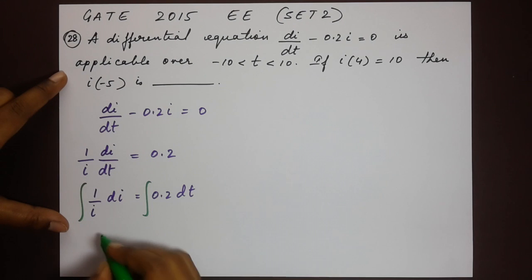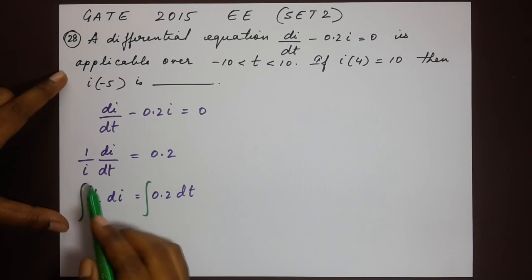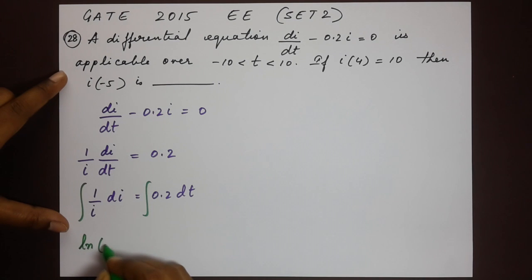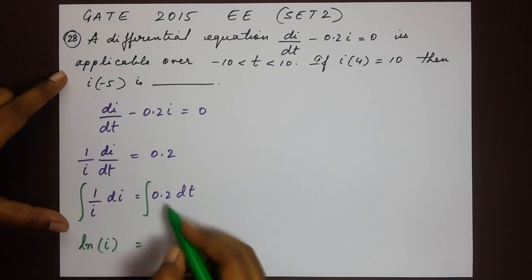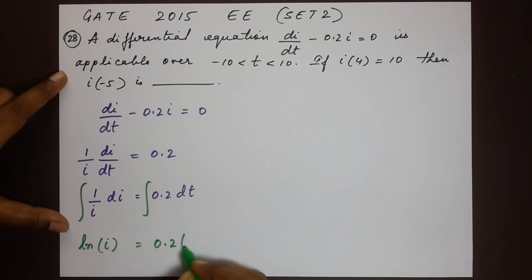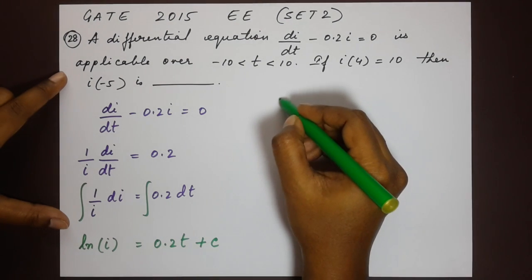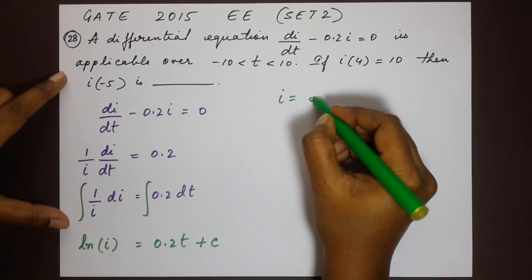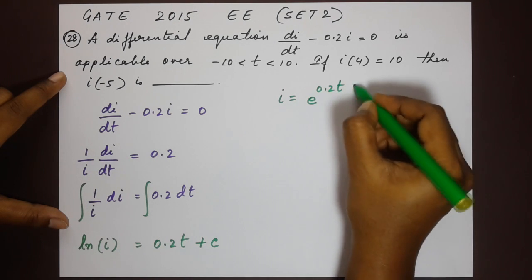Integrating on both sides, we arrive at the integral of 1/i, which is ln of i, equal to the integration of a constant, 0.2t plus some constant c. Now we need the equation for i, so let's apply the exponential on both sides. When we do that, we arrive at i is equal to e to the power 0.2t plus c.